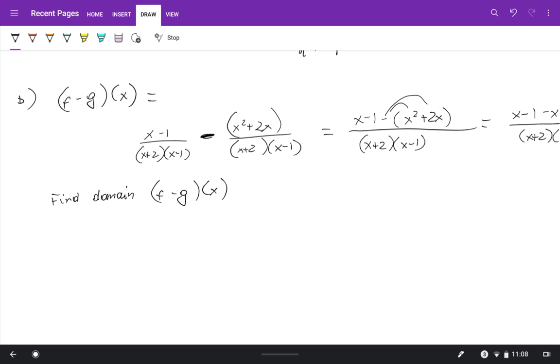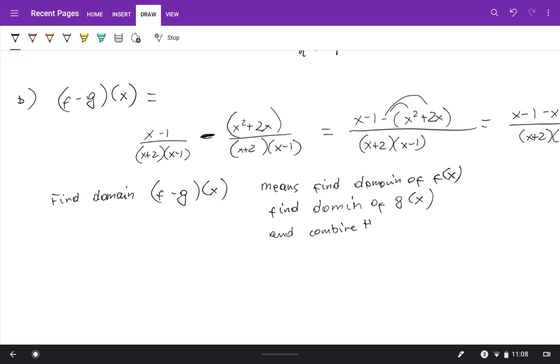That means find the domain of f of x, find the domain of g of x, because before I just used the shortcut, and combine them together.